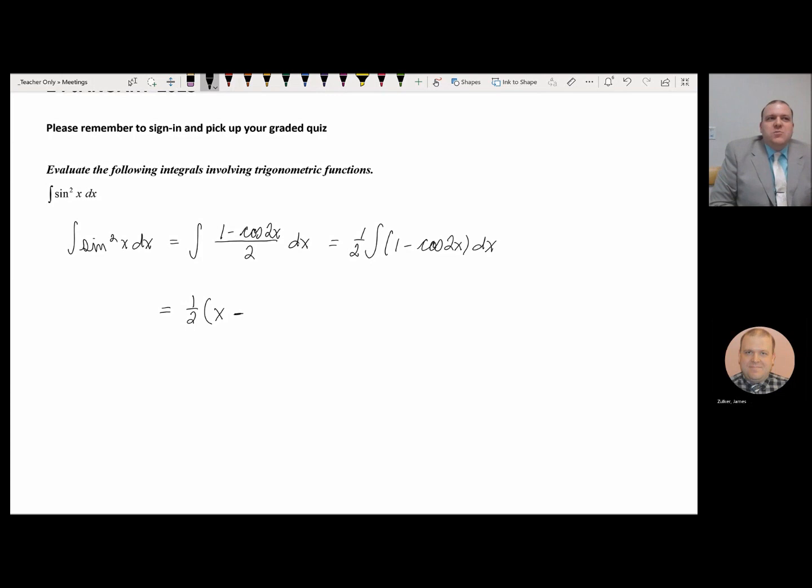U sub would say you have to multiply by its reciprocal. Antiderivative of cosine of 2x is a half sine of 2x. Remember, you can always verify that that's correct by taking its derivative. Derivative of sine of 2x is 2 cosine 2x. Multiplied by 1/2 gives you cosine of 2x. So there's one form.